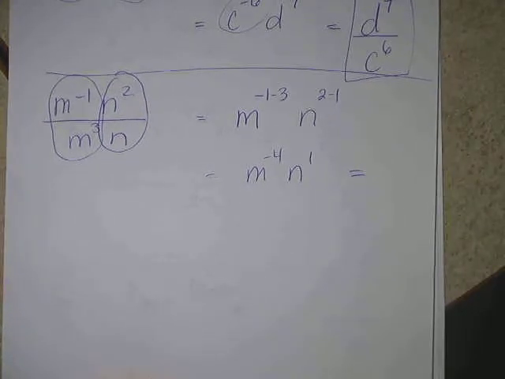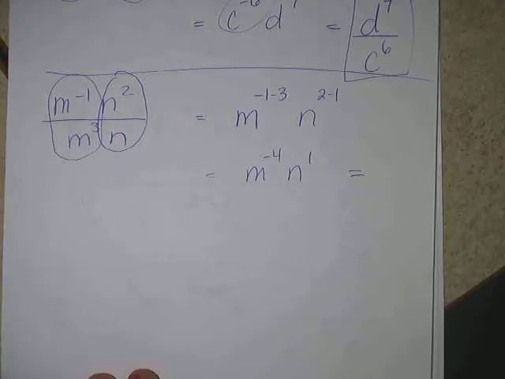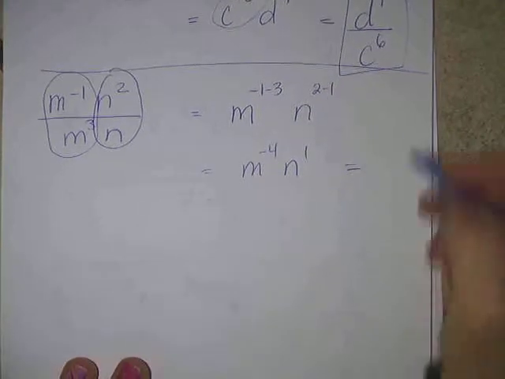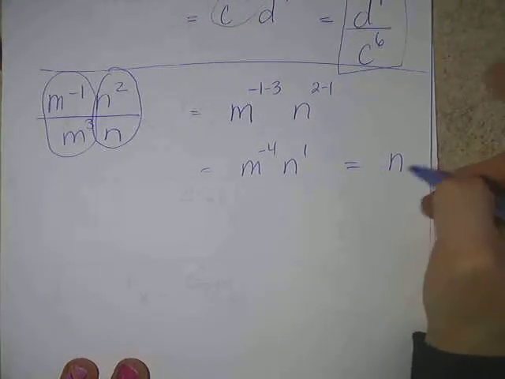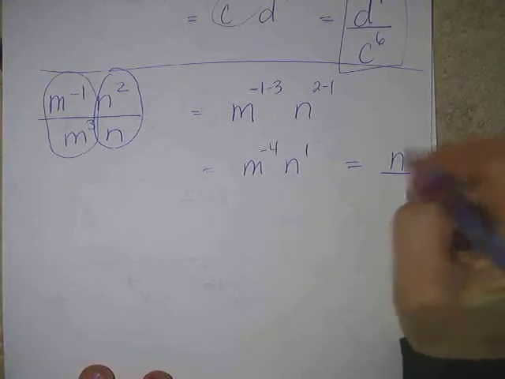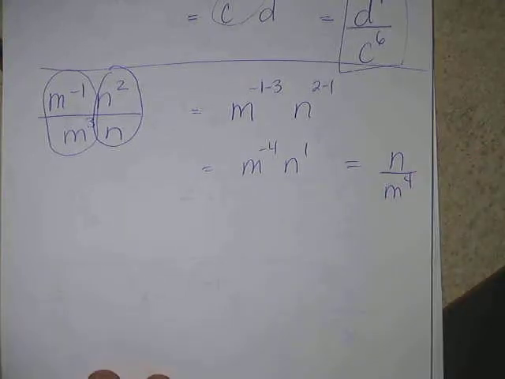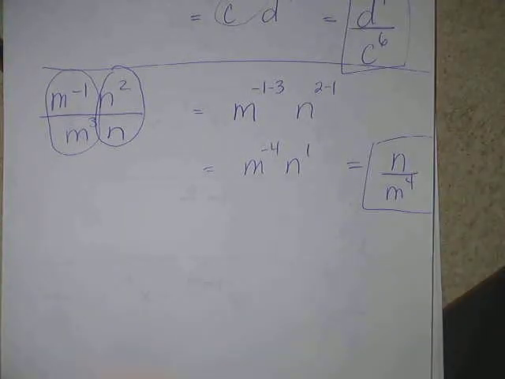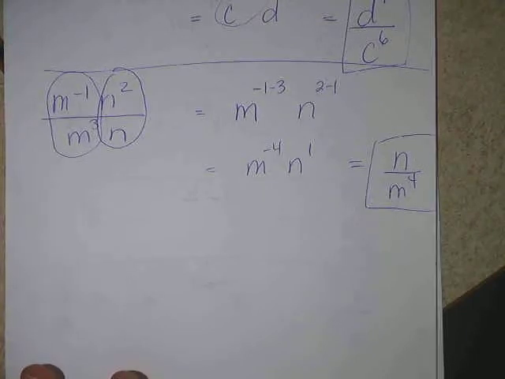So that would be m to the negative 4, n to the 1. So the n stays where it is, and the m moves down, right? So this would be n, and you don't need the 1, over m to the 4th.